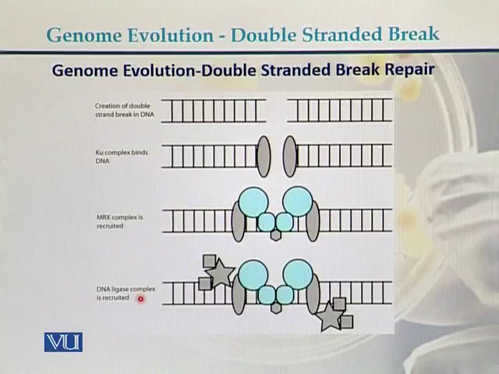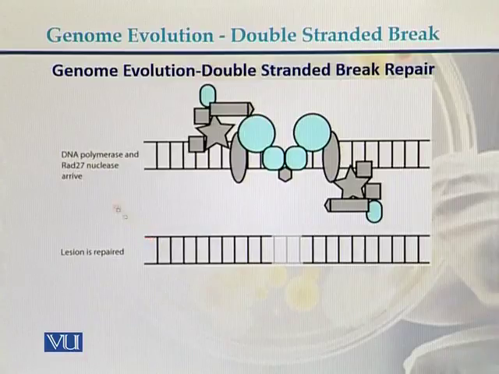Then the DNA ligase complex is recruited. At the next step, DNA polymerase and RAD27 nuclease arrive, and the lesion is repaired here. So this is the mechanism of how double-stranded breaks are repaired within the cells.